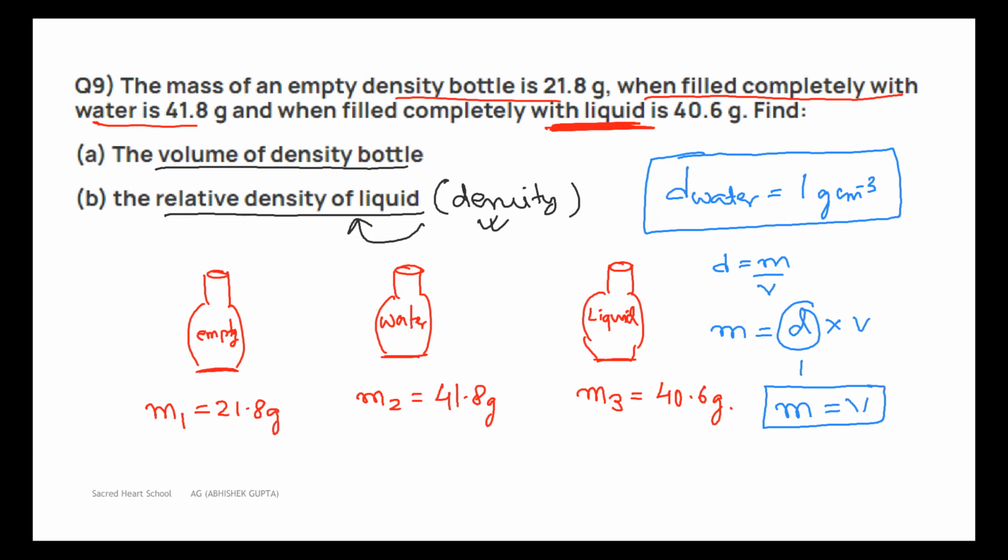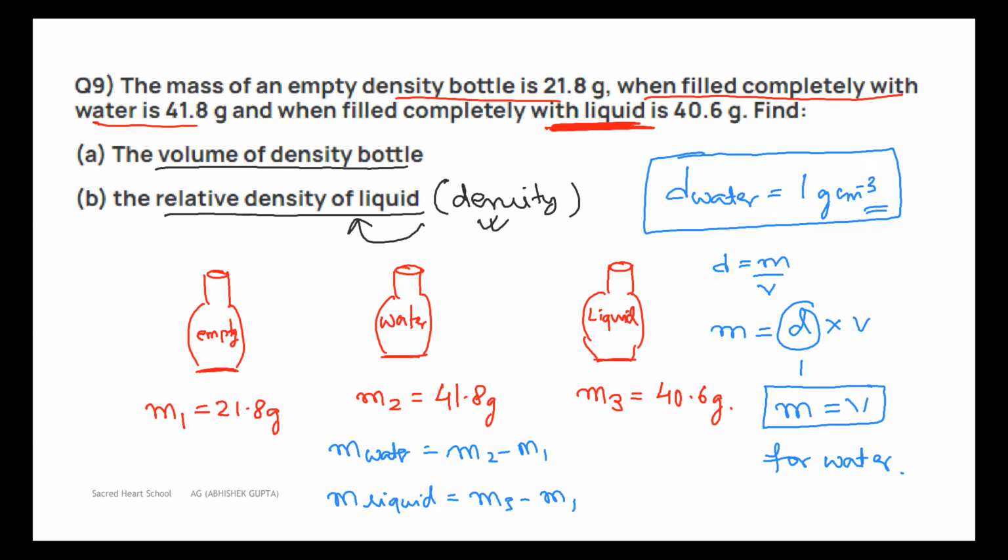For water, only for water, mass will be the same as the volume of liquid. Mass of water is the same as the volume of water in CGS unit. So from here you can calculate mass of water. This will be M2 minus M1. Mass of liquid we can calculate. That will be M3 minus M1. I'm confusing you all.